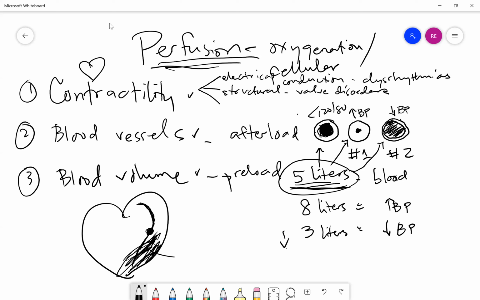So what about if we constrict it? Possibly, yeah. It can do better compared to this. Because now you're going to squeeze 5 liters through this narrow blood vessel right here.